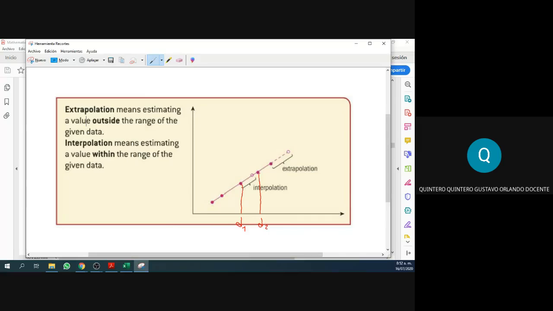These are 2 days. So for example, this is Monday. This is the amount of infected on Monday. And this is the amount of infected on Thursday, right? But you don't want the amount of infected in 2 days. You want the amount of infected at exactly 8 o'clock. So a point inside 2 given data. That is called interpolation. Right, guys? Why is this important? Because some examples are going to ask you to interpolate or extrapolate.